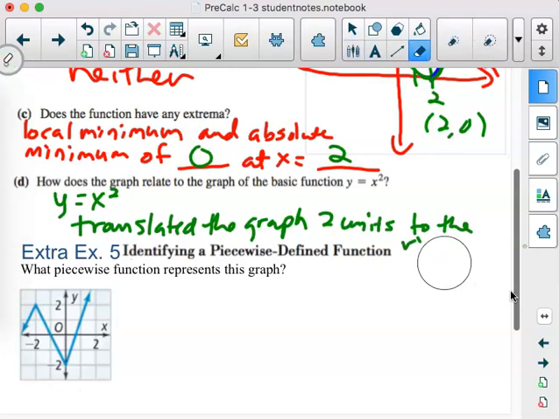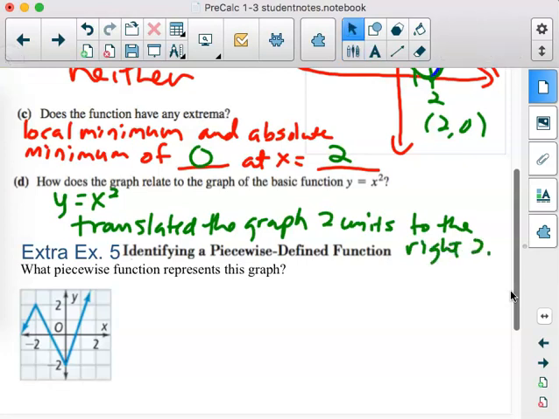Now, there are certain things that when you're taking your AP exams, again, we don't do that in this course, but when you get to calculus, that we call brownie points. They like to know that you know the correct vocabulary. We could have just said they shifted the graph 2 units to the right, but that's not the correct wording when we talk about all of our geometry transformations.